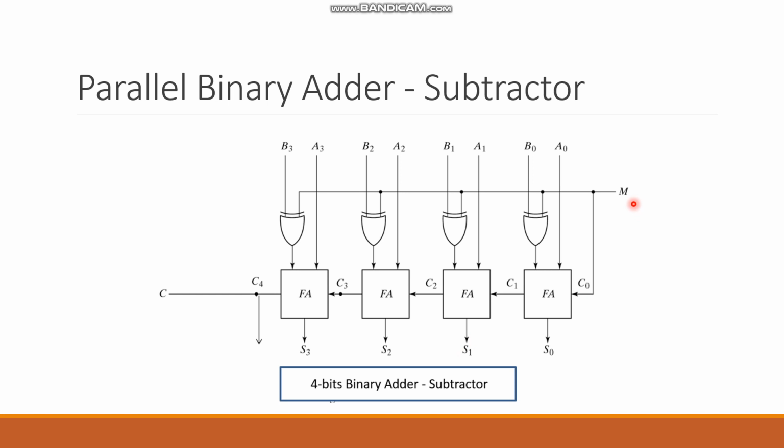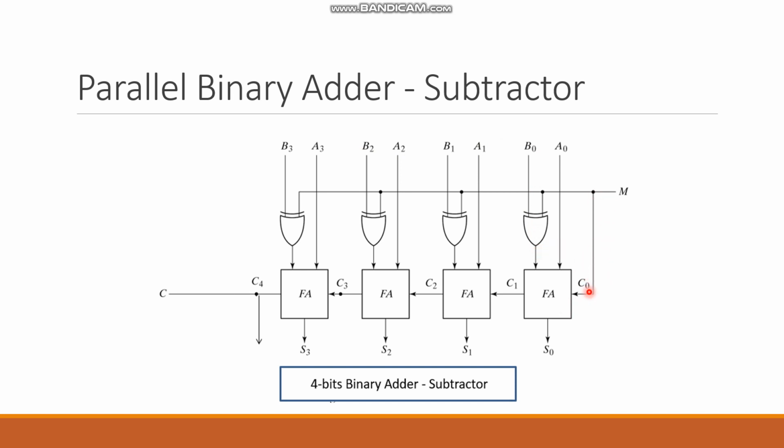So to repeat, if M is 0, this B is not going to be changed. So we have 0 in the first carry in, so it is a normal addition, a parallel binary adder. But if M is 1, it is going to be a parallel binary subtractor. Why? Because this one, when it comes to one side of the exclusive ORs and the other side of the exclusive ORs are connected to the B inputs or the B bits, that means we took the first complement of B. And this is 1 as well.